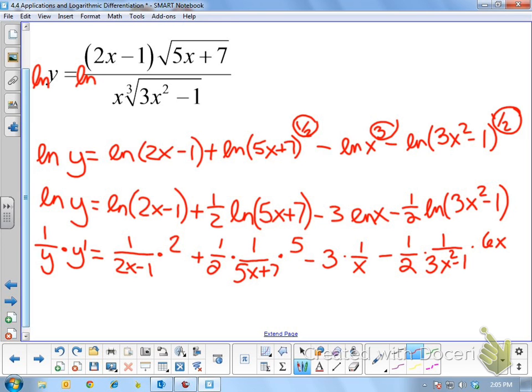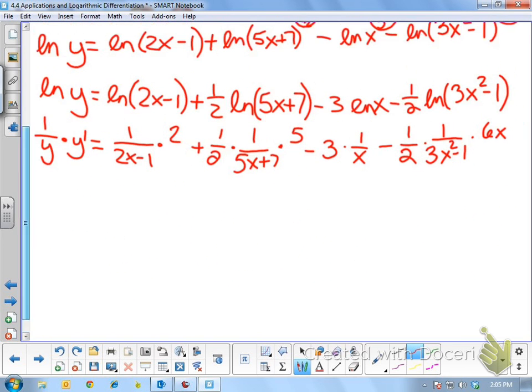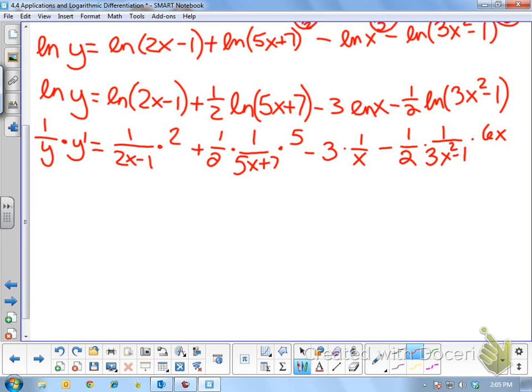And then what was our final step for a problem like this? Multiply everything by y. If you want to combine the steps, especially since there's so much writing, on the homework you can just write y prime equals blah times y, that's fine.